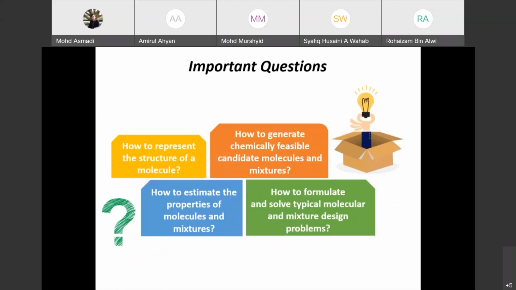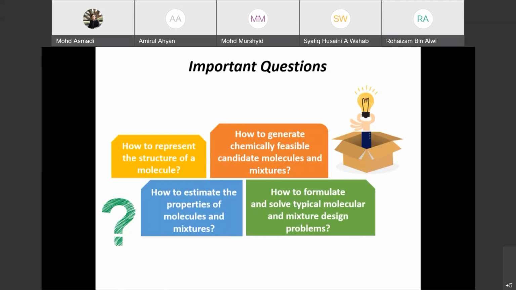Okay. So the important questions for good understanding of issues related to molecular and also mixture design. The first is how you represent the structure of the molecule. Ini yang biasa kita nak tengok.